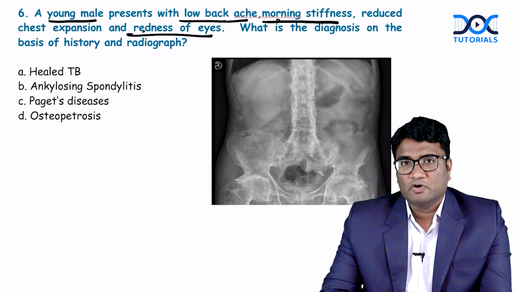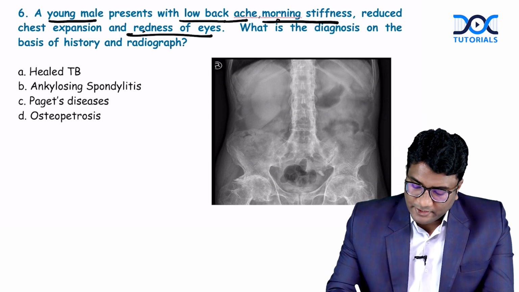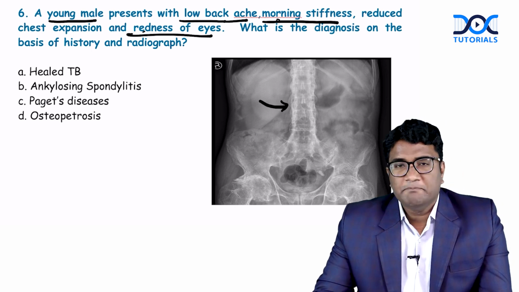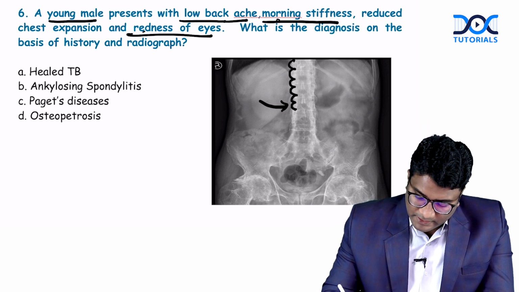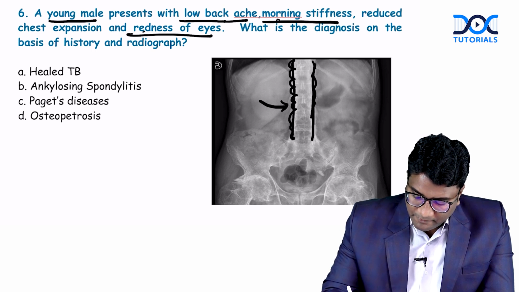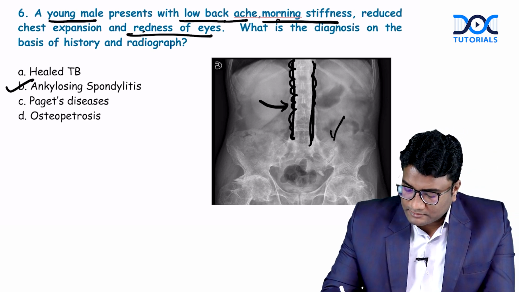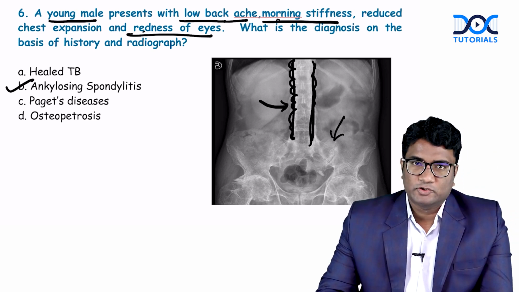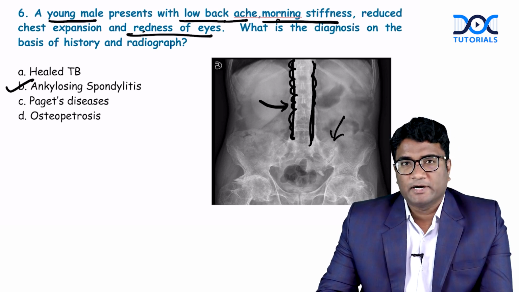All of these suggest an inflammatory arthritis, that is ankylosing spondylitis, and the radiograph showed you the bamboo spine. Okay, so the calcification of the periphery of the intervertebral disc gives that bamboo spine appearance or the trolley track or tram track appearance. So, this was ankylosing spondylitis. You can see some sclerosis of the sacroiliac joint also, suggestive of sacroiliitis.